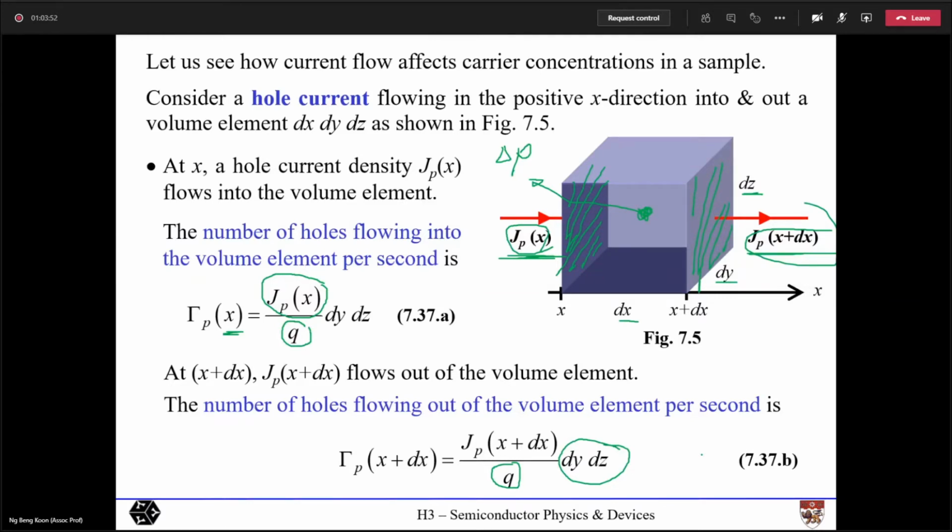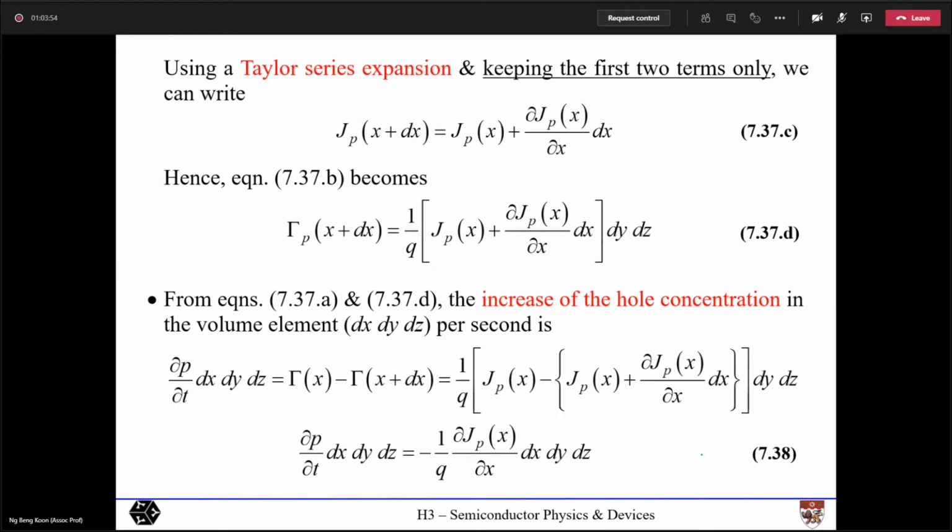If we apply the Taylor series expression that we mentioned earlier, we can express Jp x plus dx in terms of Jpx and the derivative of Jp with respect to x multiplied by dx.